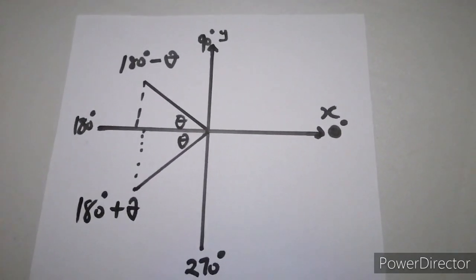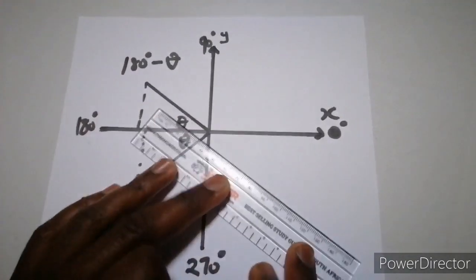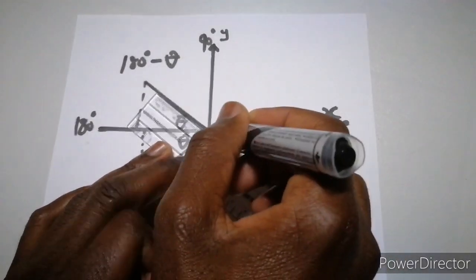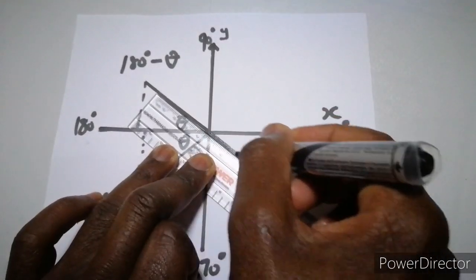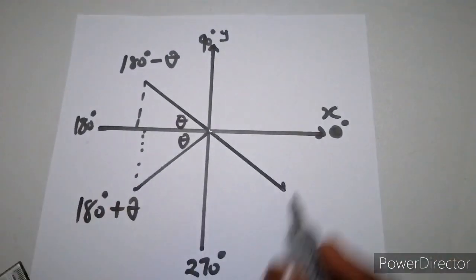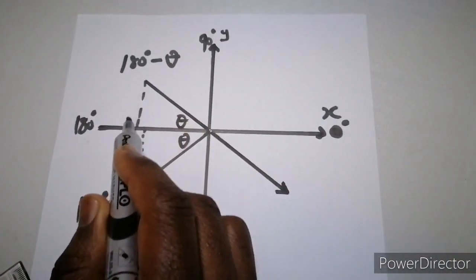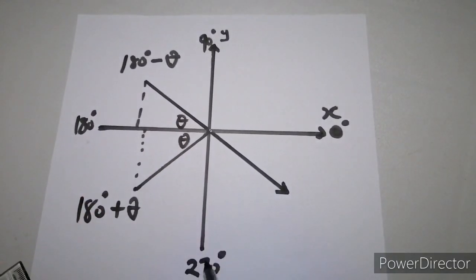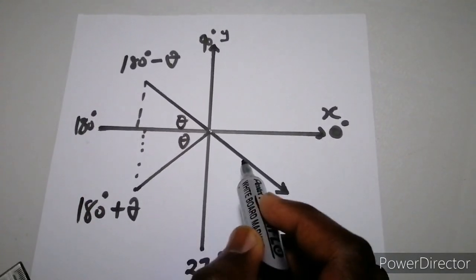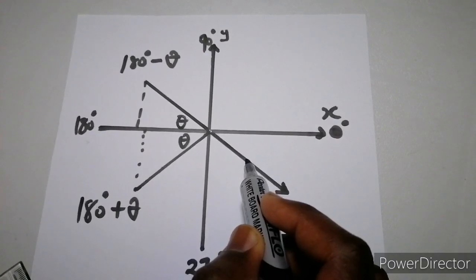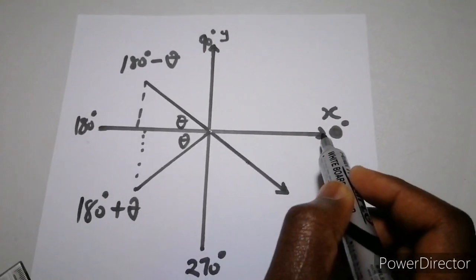Now, in the fourth quadrant, all around, we completed 270 and then right to the arm, we didn't complete 360.